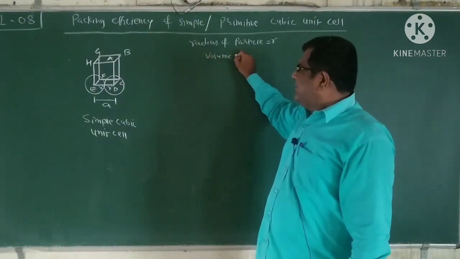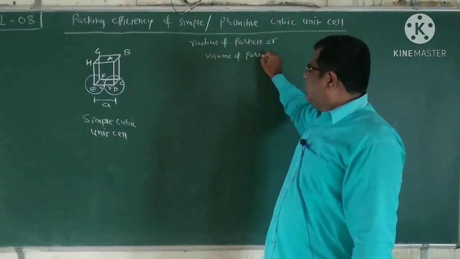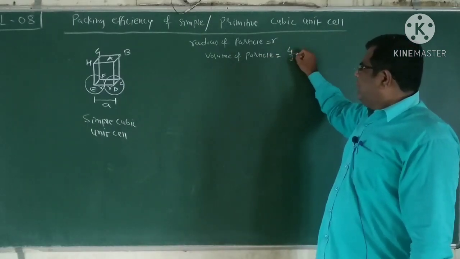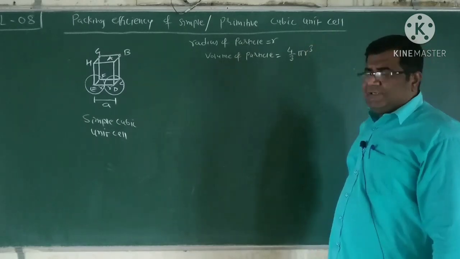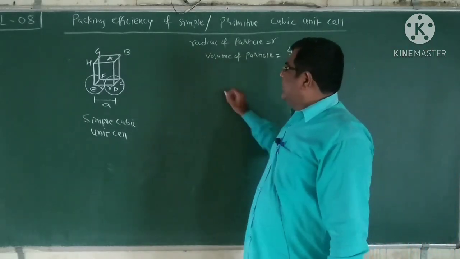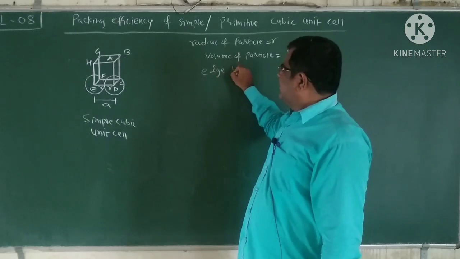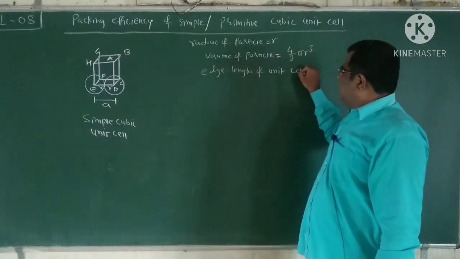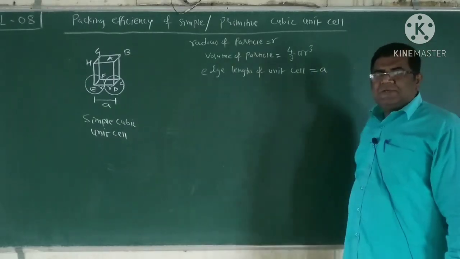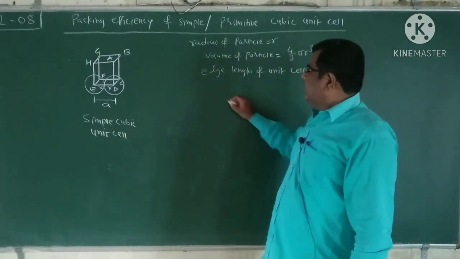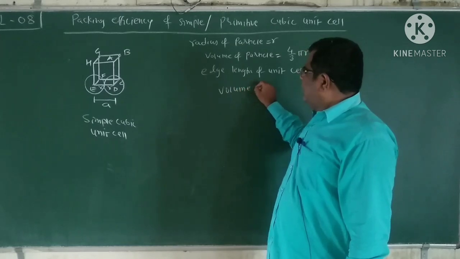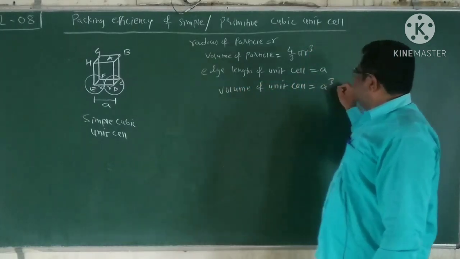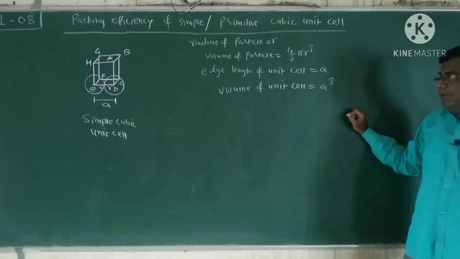That's why volume of particle is equal to 4 by 3 pi r cube. Edge length of unit cell is equal to A. Volume of unit cell is equal to A cube.